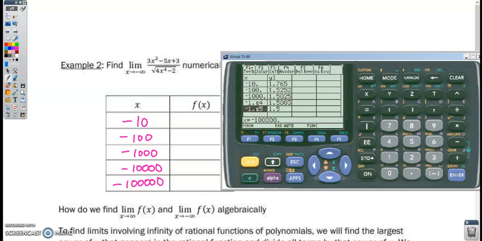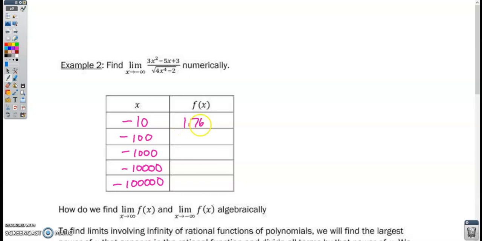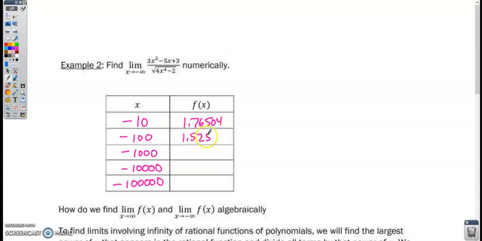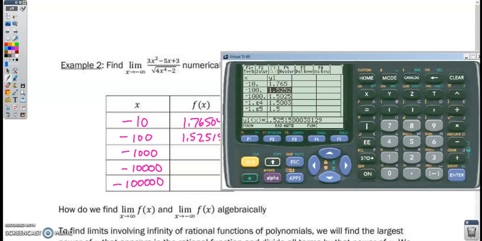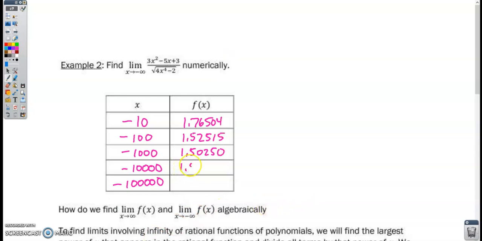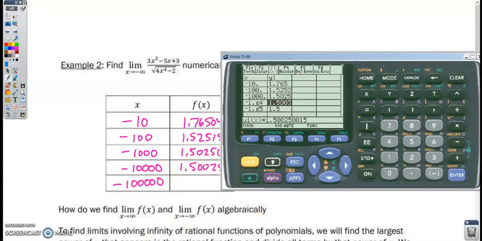All right, and so we see 1.76504, and 1.52515, and 1.50250, and 1.50025, and 1.50003.